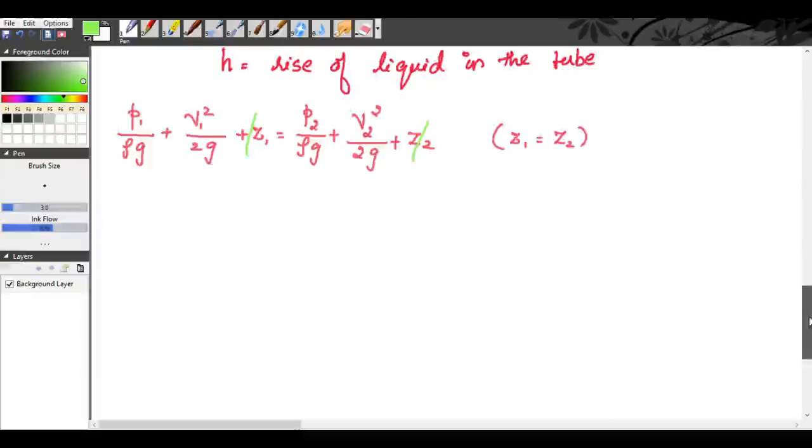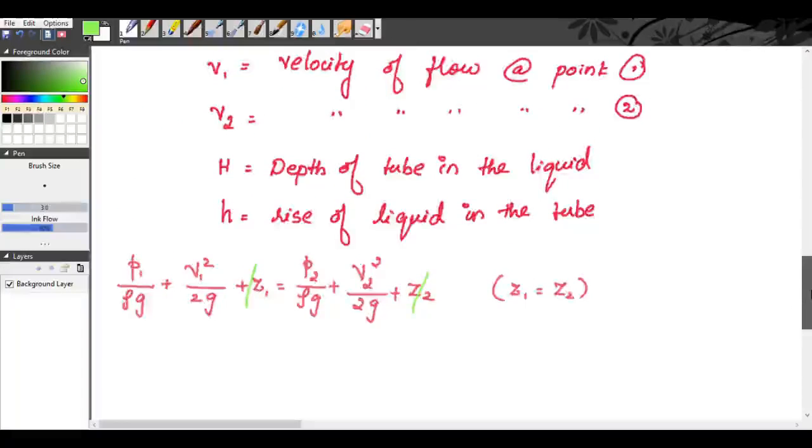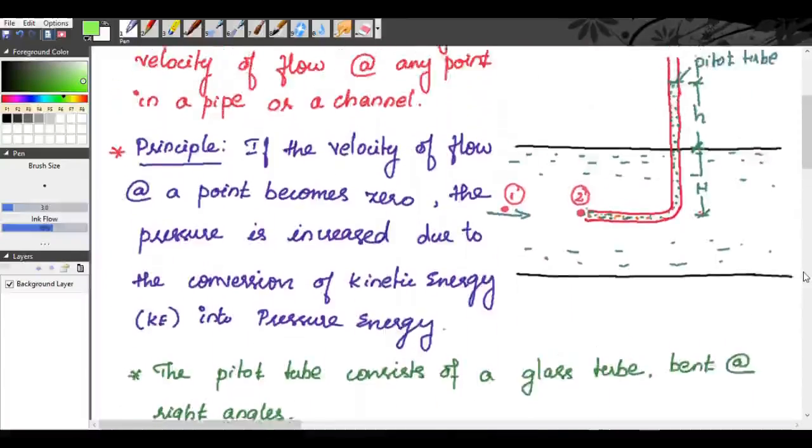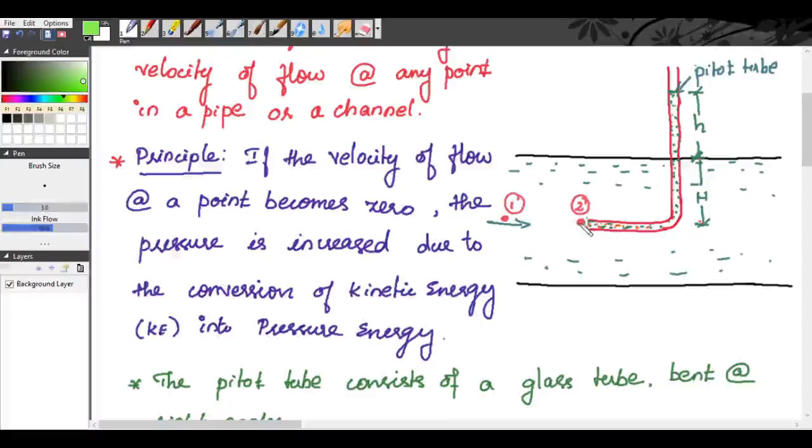Our assumption is that because of the conversion of kinetic energy into pressure energy, at the inlet of the Pitot tube your velocity becomes 0. That means V2 is 0. That is our principle: if the velocity of flow at a point becomes 0, the pressure is increased due to the conversion of kinetic energy into pressure energy.